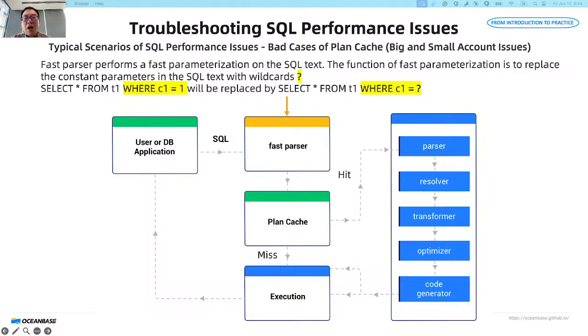The next typical scenario of SQL performance problems is the big and small count problem. This problem is a bad case of plan caching.